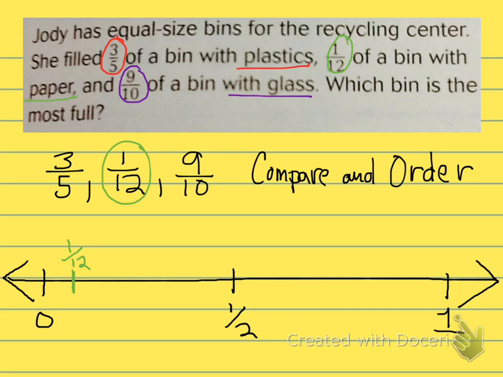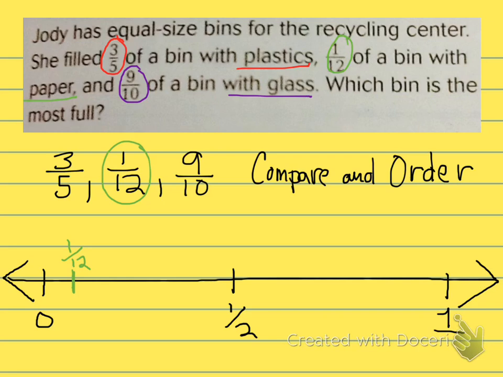All right, now let's see. Which fraction would be closest to 1 whole? Hopefully you think 9/10 would be. 9 out of 10 is close to 10 out of 10.